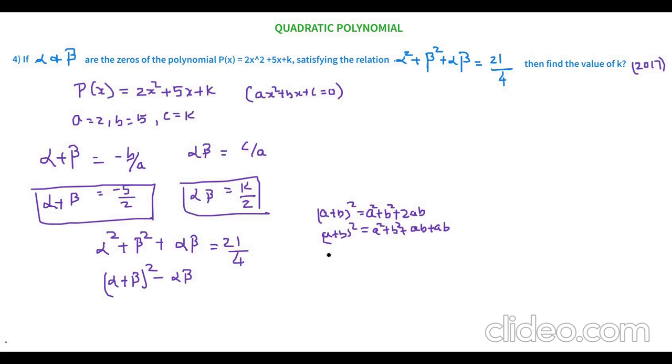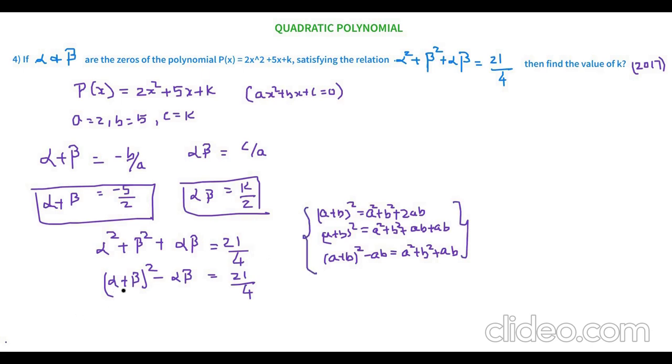Now one ab I am going to bring to the other side. So this becomes a plus b whole square minus ab equals a square plus b square plus ab. So we have derived a formula from the a plus b whole square formula. I have written that here, equals 21 by 4. This is just the formula which we have derived.